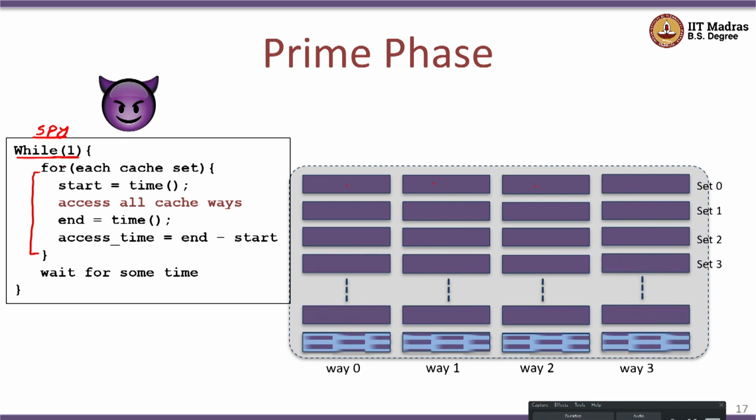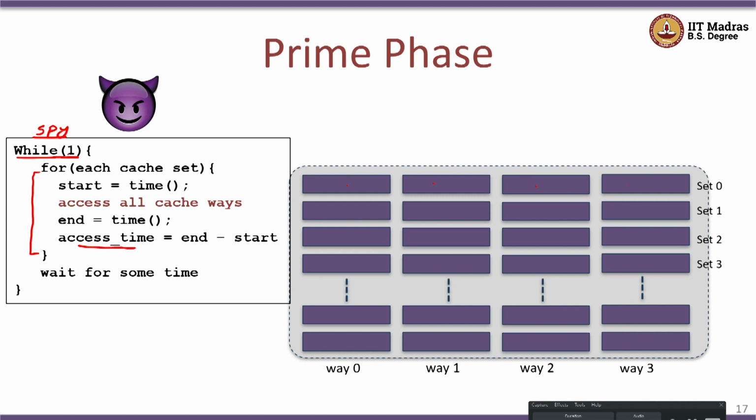Thus, in the first iteration of the while loop, there will be a large number of cache misses. Now, as we know, a cache miss is considerably slower than a cache hit, and therefore the time taken to load data, or the access time for each cache set, would be considerably large. So this phase is essentially called the prime phase.